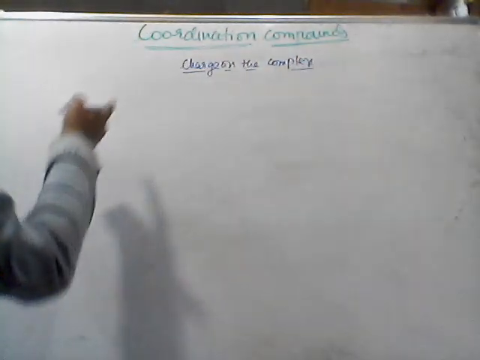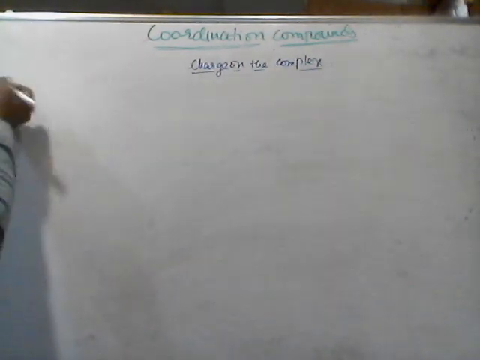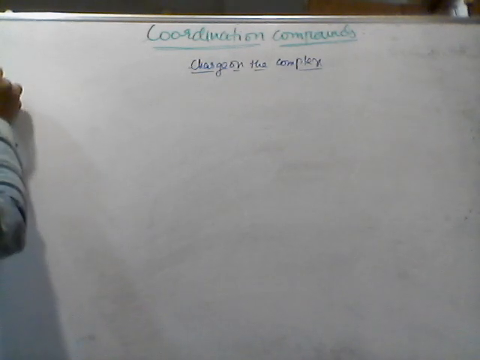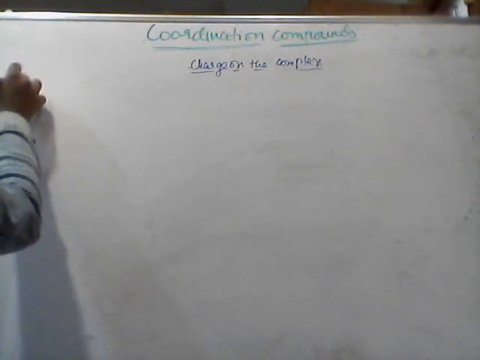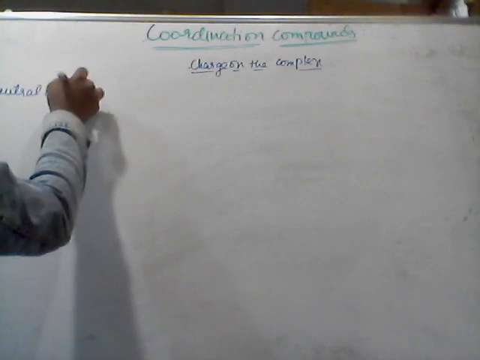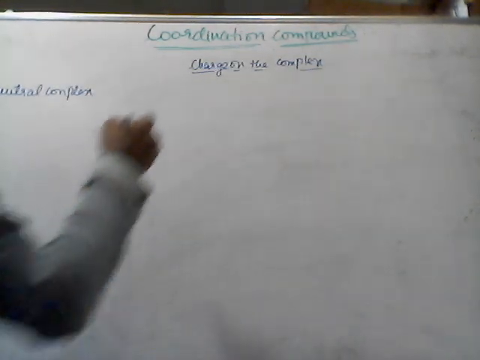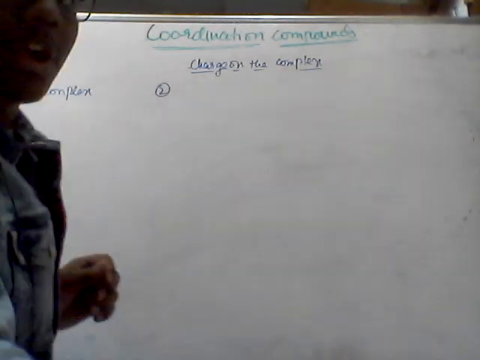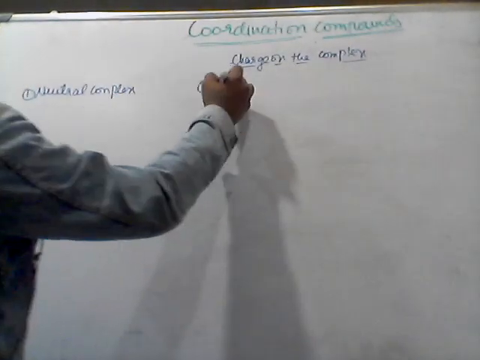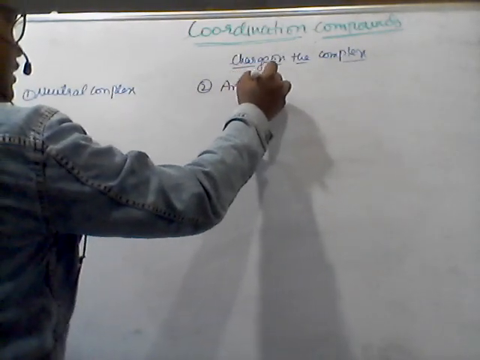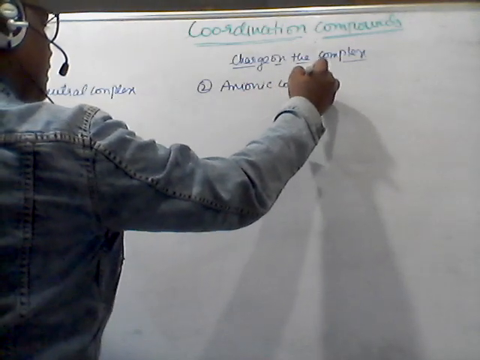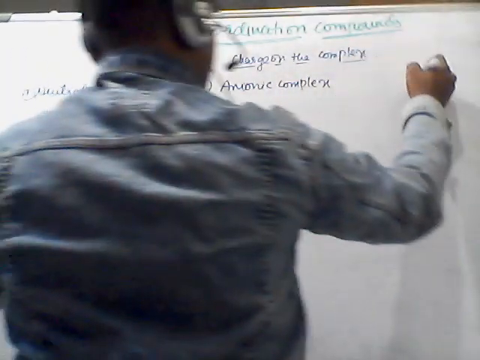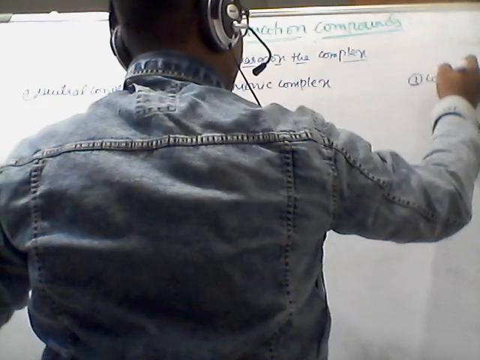Okay, based on the charge on the complex we have three types. What is the first one? Neutral complex. Second, anionic complex. Third, cationic complex.